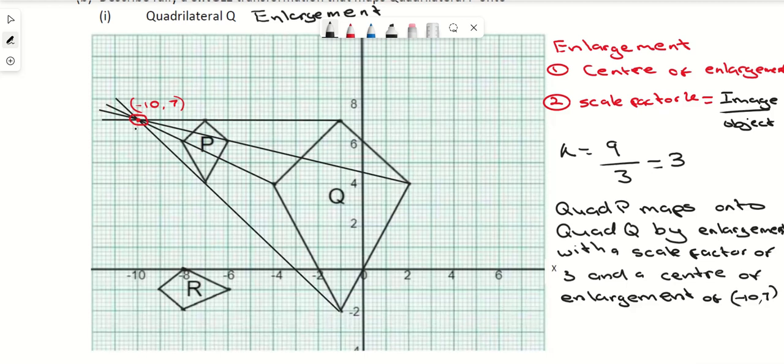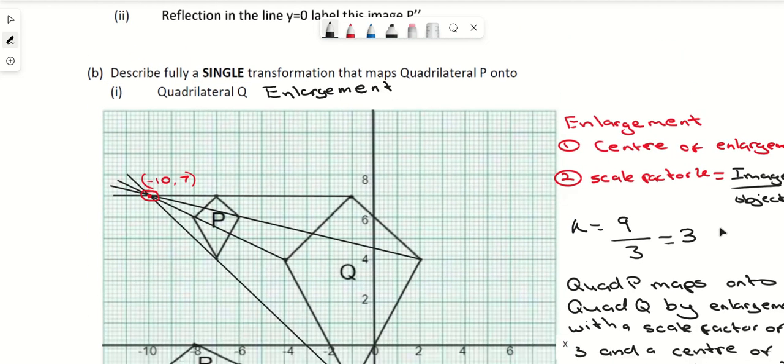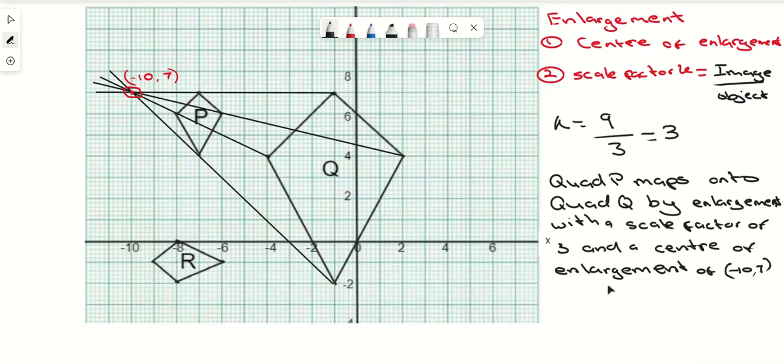And that right here would be how you describe this. Describe a single transformation that maps quadrilateral P onto quadrilateral Q. This is your answer right here.